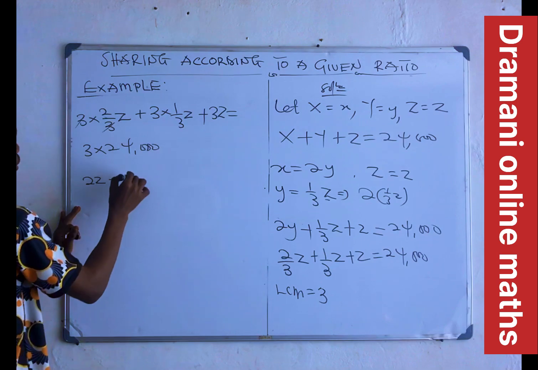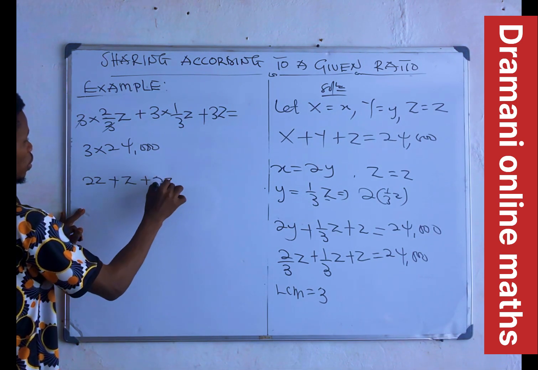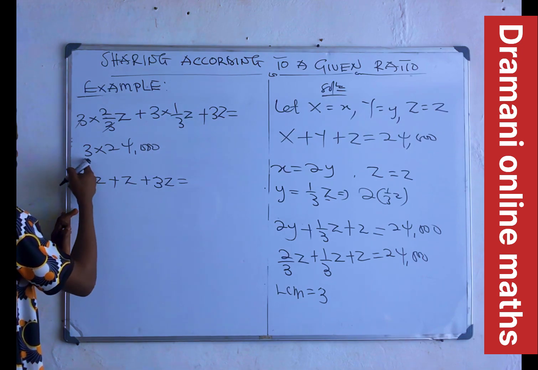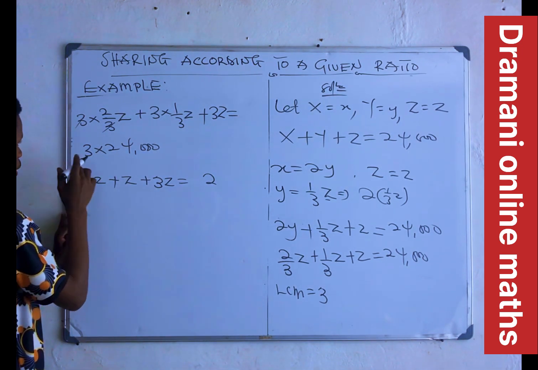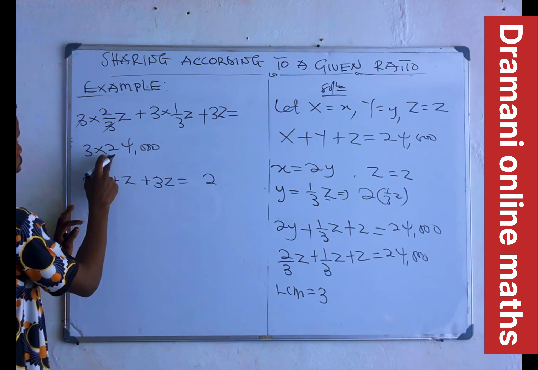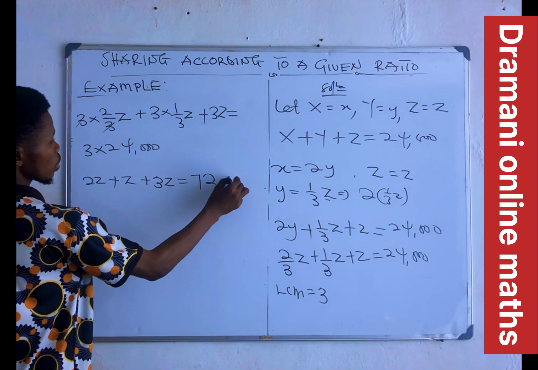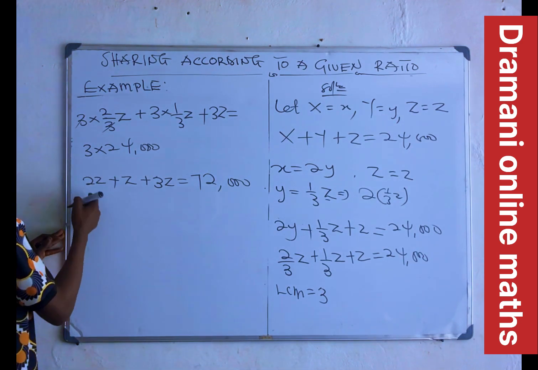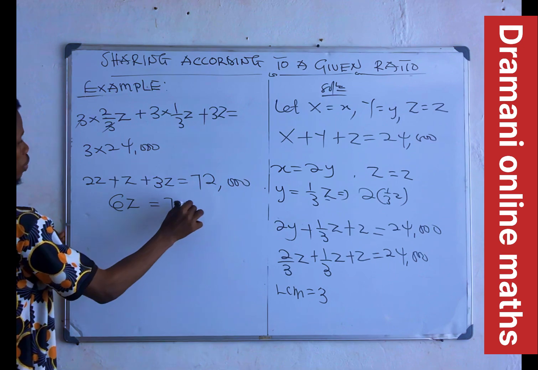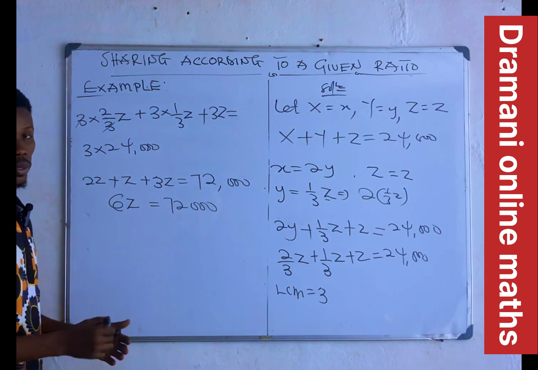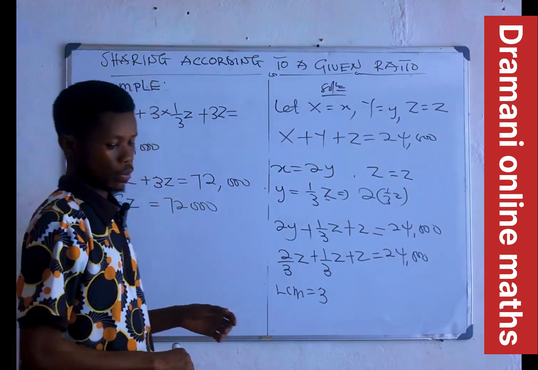This 3 goes with this, leaving z, plus 3z equals 72,000. If you add all this, you have 6z equals 72,000. Is that okay? So this is what we are going to get after adding everything.